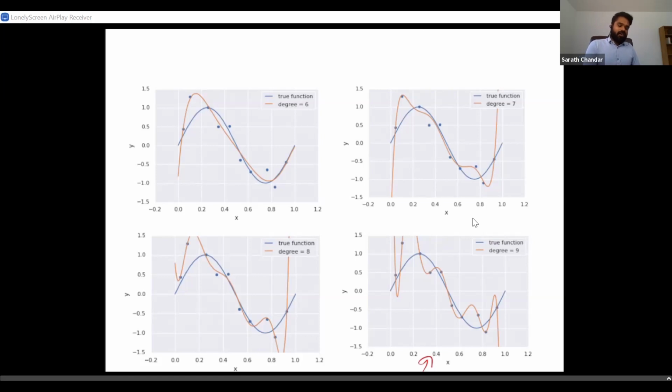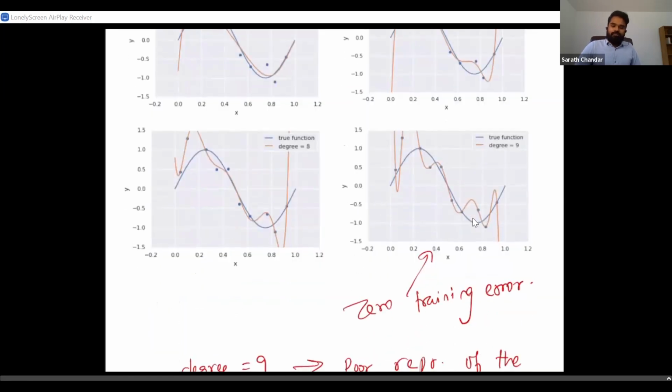Especially at degree equal to 9, you have 0 training error because this function exactly fits all the points. But since we already know that the true function is the sine function, we can see that this is not a good approximation of it. In other words, this function has poor generalization.